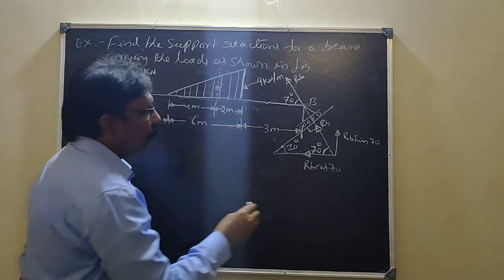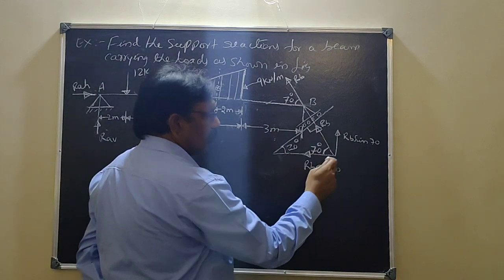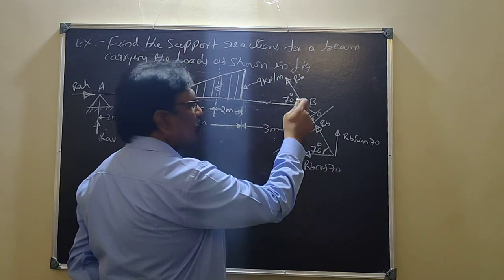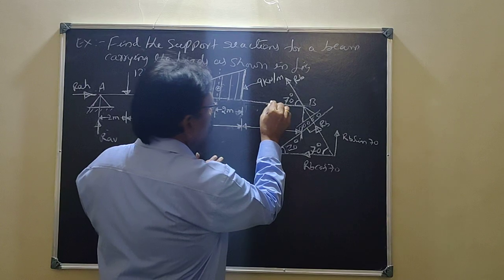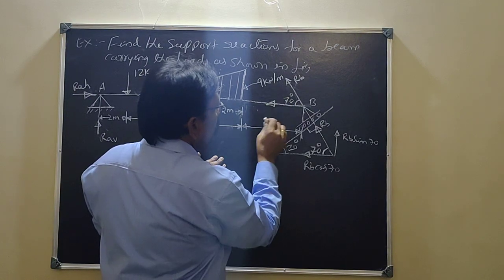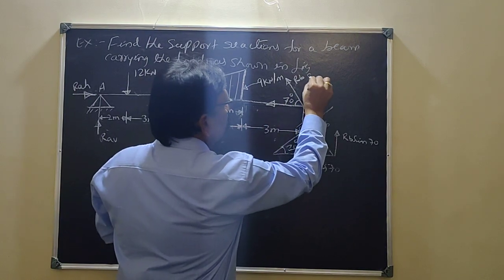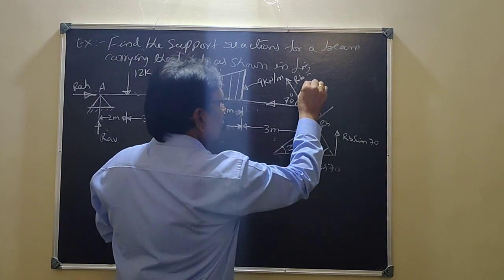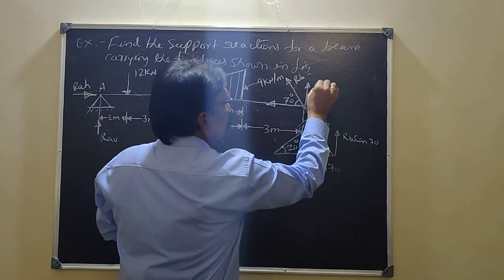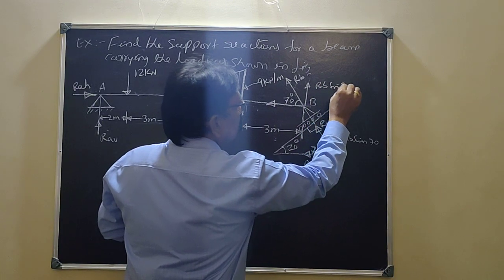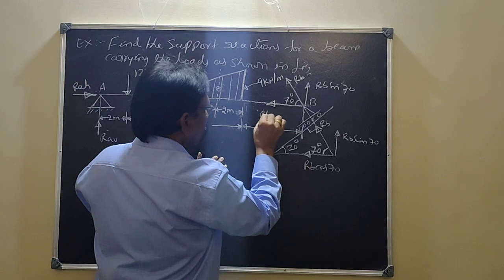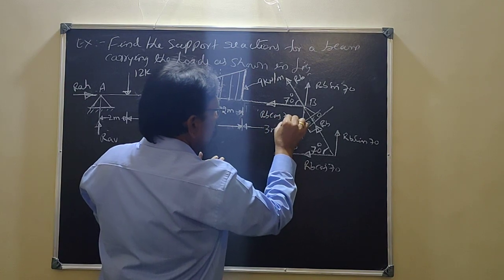Now if you resolve this force along the x-axis and y-axis, you can resolve it here or here, anywhere. Then you will find that the vertical component is RB sine 70 and the horizontal component is RB cos 70.